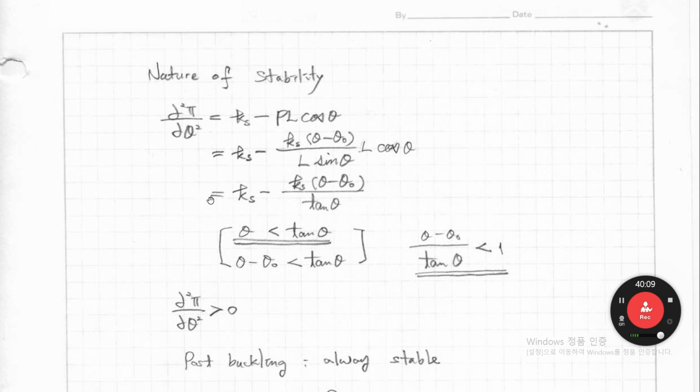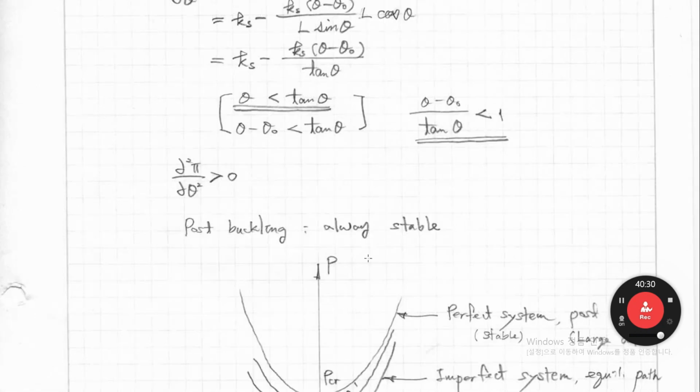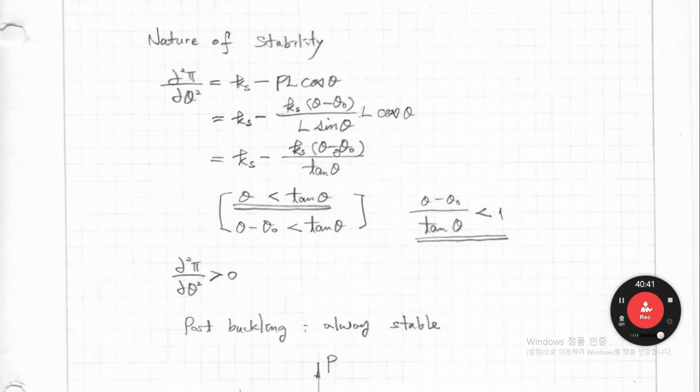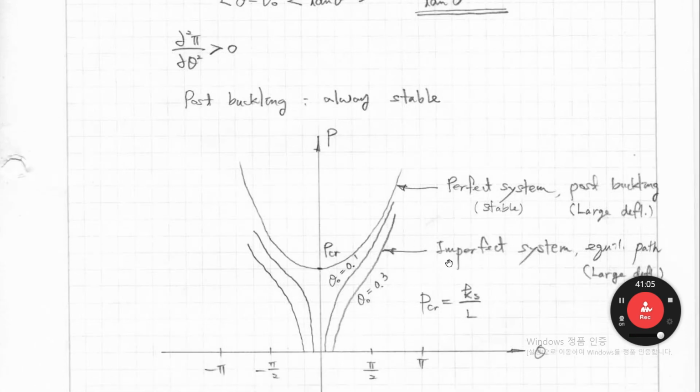Then the total value is what? Greater than 0, right? The second derivative value is greater than 0. That means stable. We are dealing with a large deflection problem. This is not post-buckling, right? What? Equilibrium path, right? The equilibrium path is stable. This is the equilibrium path, imperfect system, large deflection problem, right?